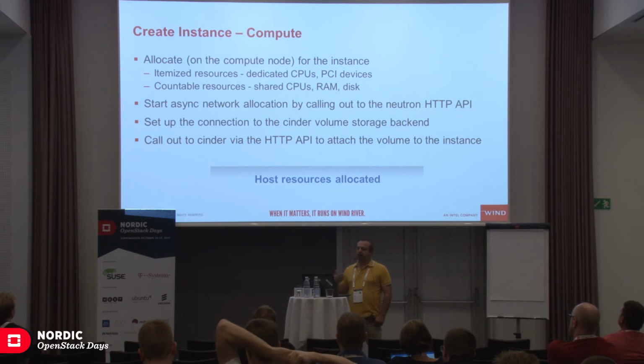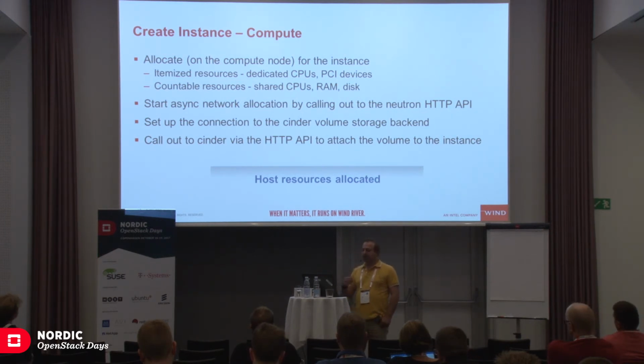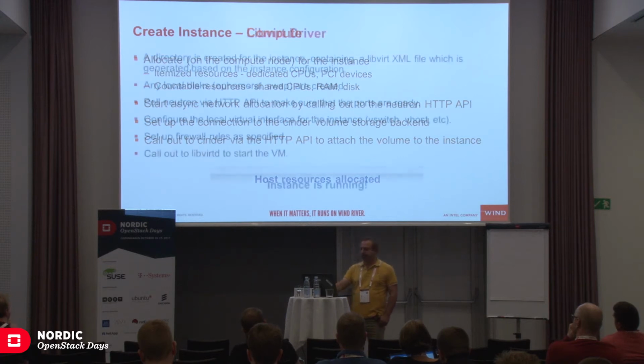Then you do the async network allocation by calling the Neutron API to make sure those ports are available. You also create a connection to the Cinder volume and make sure the volume storage is in place. When it's done, all the resources are allocated for the instance.